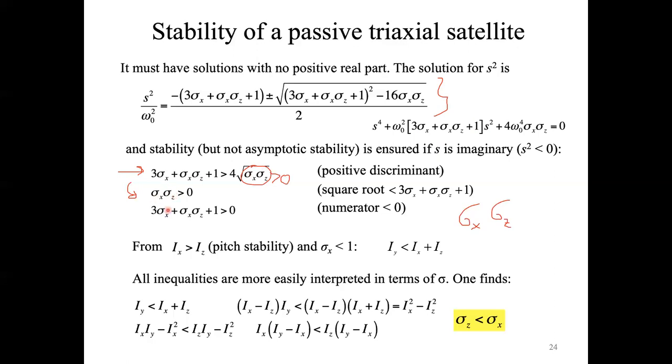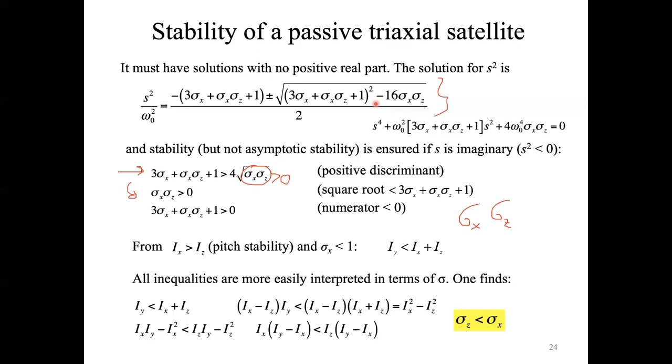The third one is even simpler, because basically this part here has to be positive in order that the minus gives you a negative numerator. So this condition here gives us three conditions for the poles of the solutions, so that s squared is negative, and that will provide oscillatory behaviors.